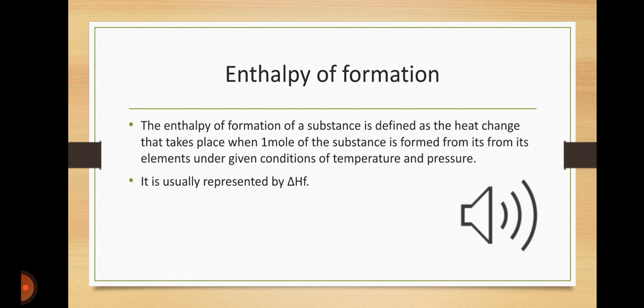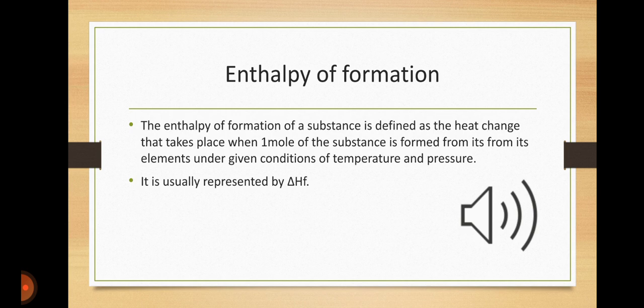The enthalpy of formation of a substance is defined as the heat change that takes place when 1 mole of the substance is formed from its elements under the given conditions of temperature and pressure. It is usually represented by delta Hf.